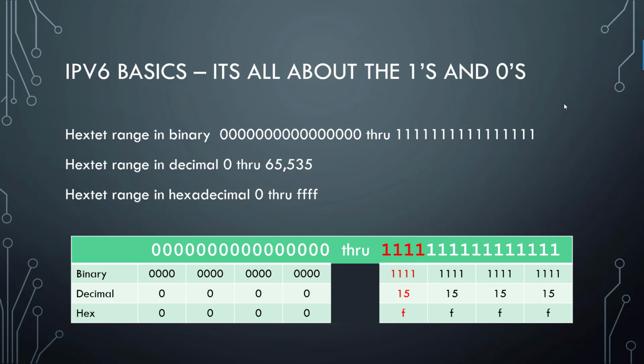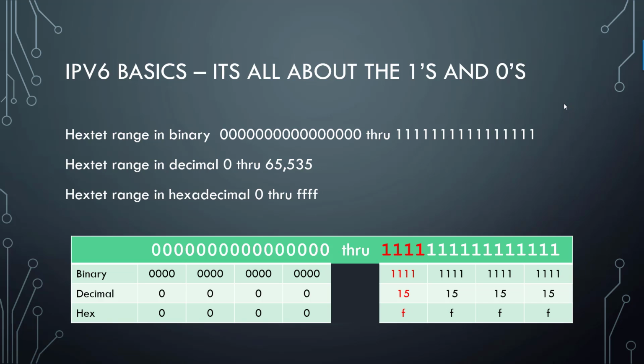So here's an example of a single hextet, where a binary hextet of 0 is broken up into 4 groups, and then a decimal number can be applied. So it'd be the equivalent of 0000, but the hex number would be 0000 as well, because both counting schemes use the number 0.